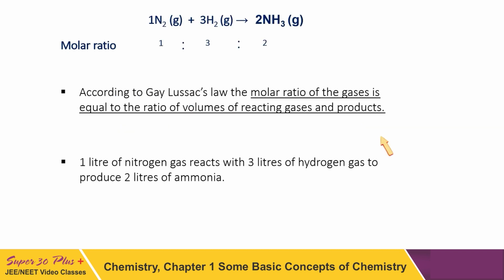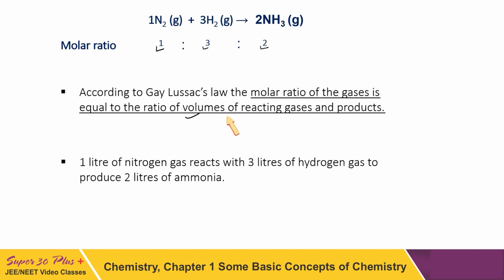Now here is the example of this law. When nitrogen and hydrogen react with each other and form ammonia in the Haber process, what is the molar ratio of nitrogen, hydrogen and produced ammonia? 1:3:2. So according to the law of gaseous volume, the molar ratio of the gases is equal to the ratio of volume.